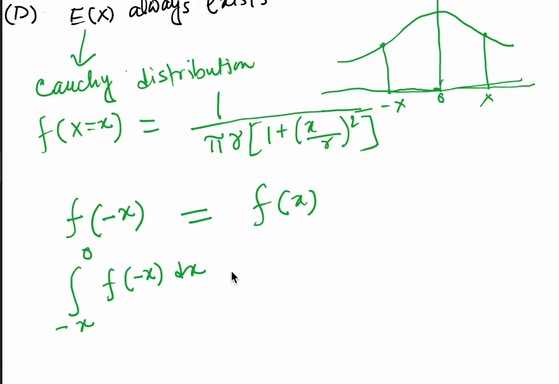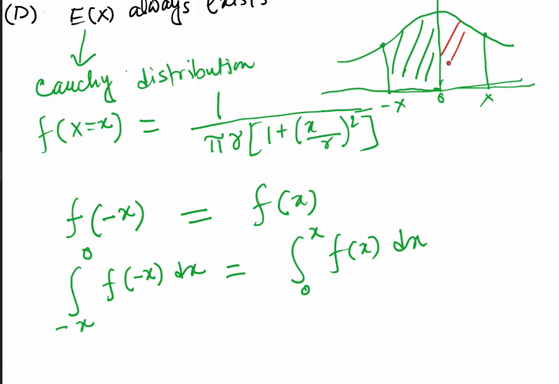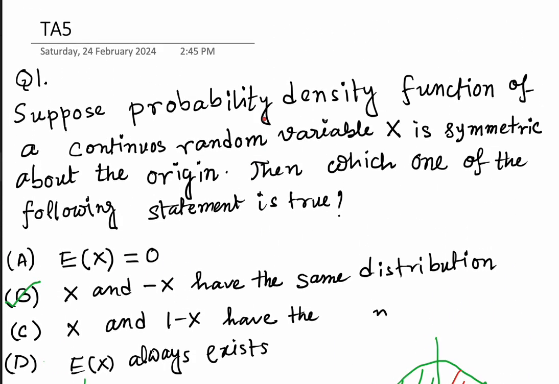You see this is equal to 0 to x of f of x dx. So the cumulative probability from minus x to 0 equals that from 0 to x. So B is the correct answer.